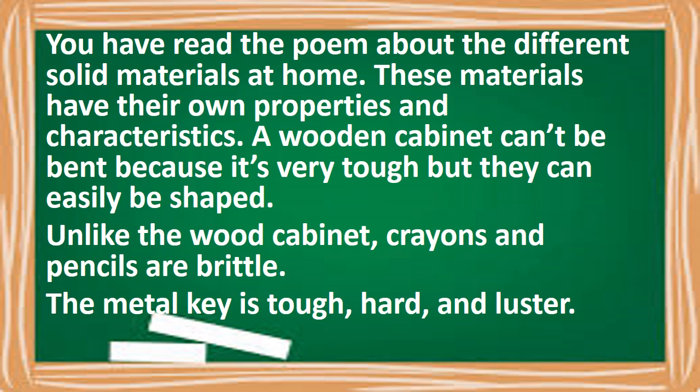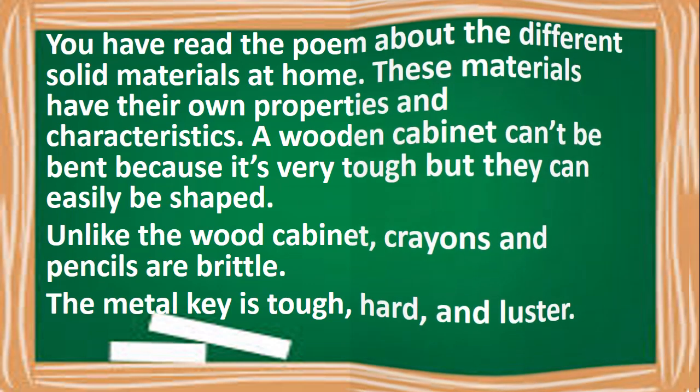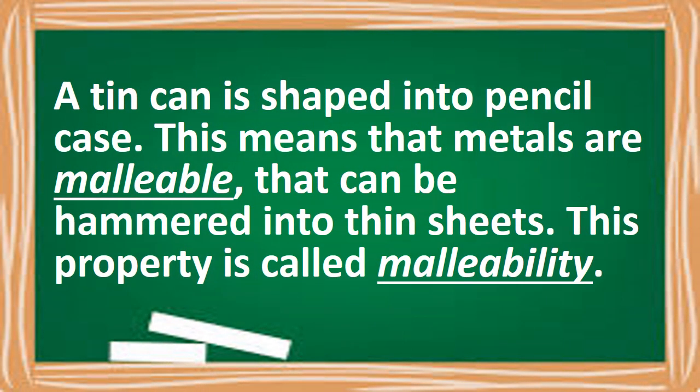The metal key is tough, hard, and lustrous. A tin can is shaped into a pencil case. This means that metals are malleable, that can be hammered into thin sheets. This property is called malleability.